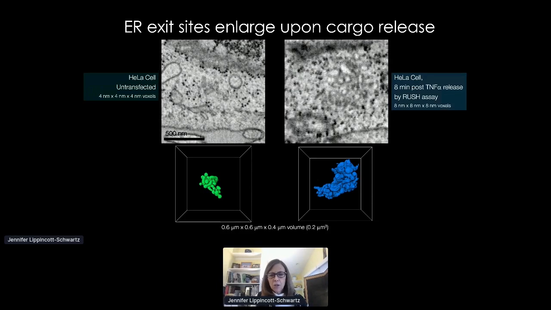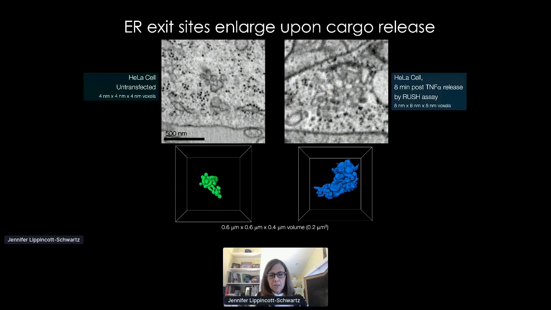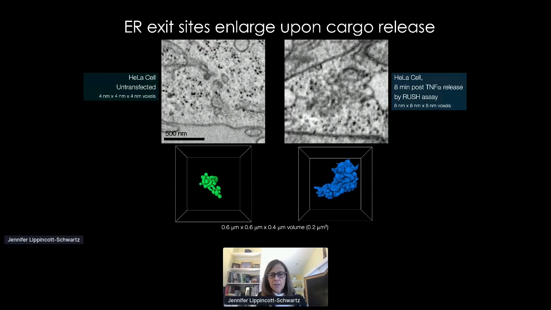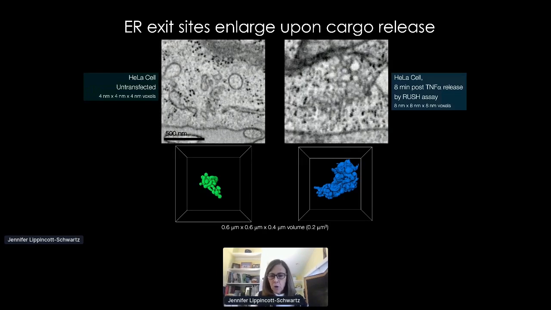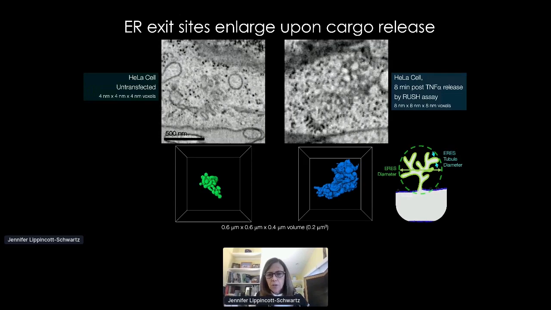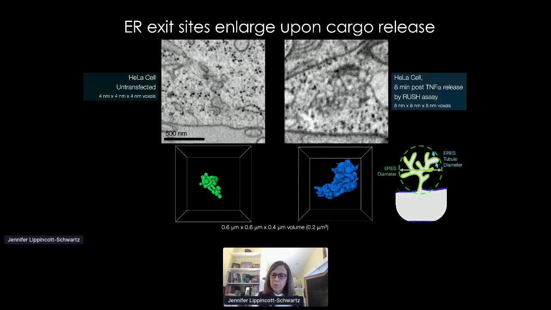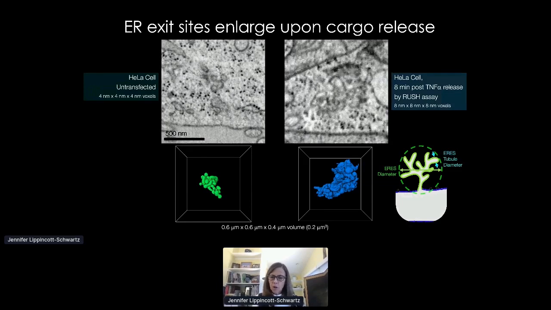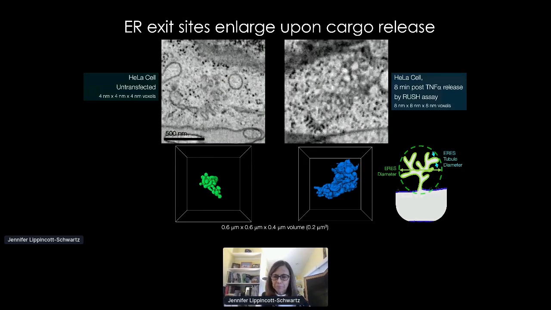What you can see in these two different images, where the ER exit sites have been segmented out, is the significant enlargement in these domains as a consequence of the delivery of cargo into them. We see both the tubule diameter becoming larger as well as the overall size of this structure.